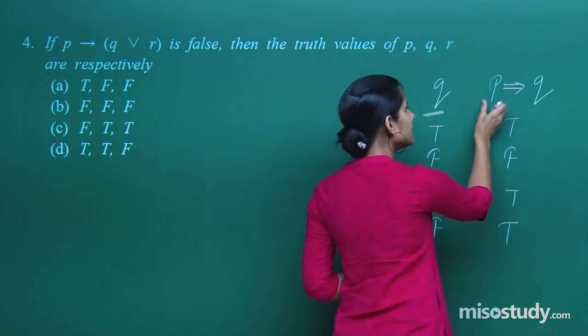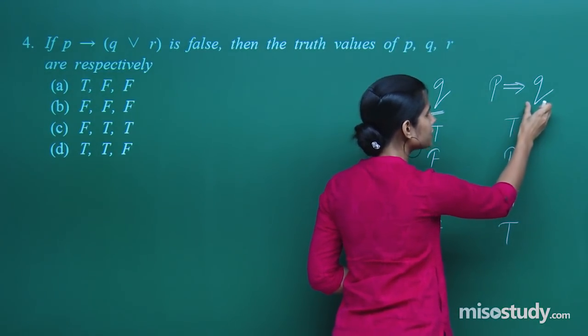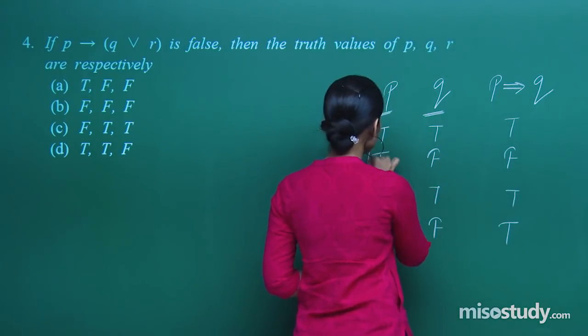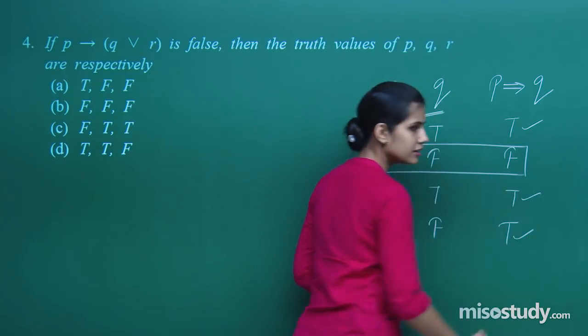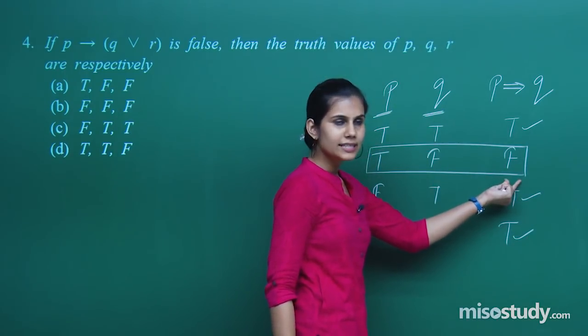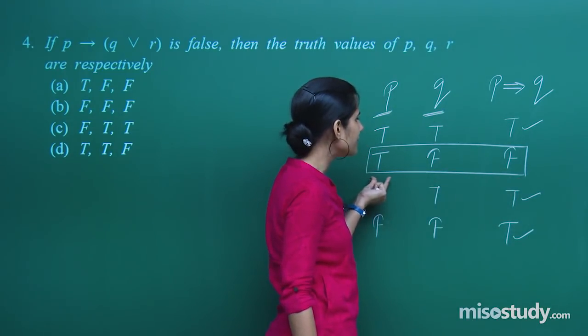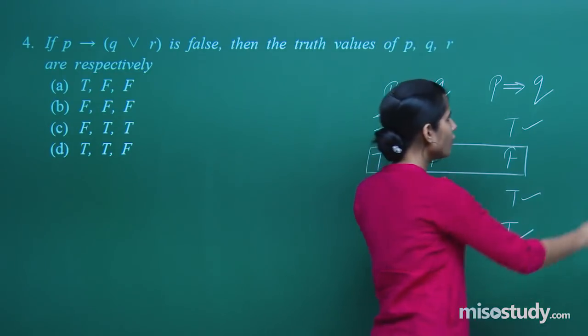You are getting that the first statement implies the other statement is false only in one scenario. Otherwise, every time it's true. It's false only when the first statement is true and the second statement is false.